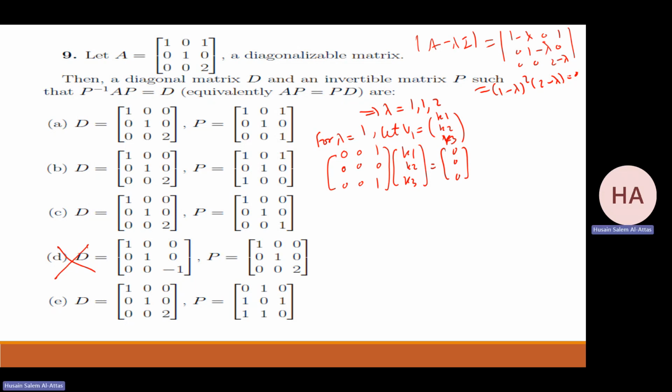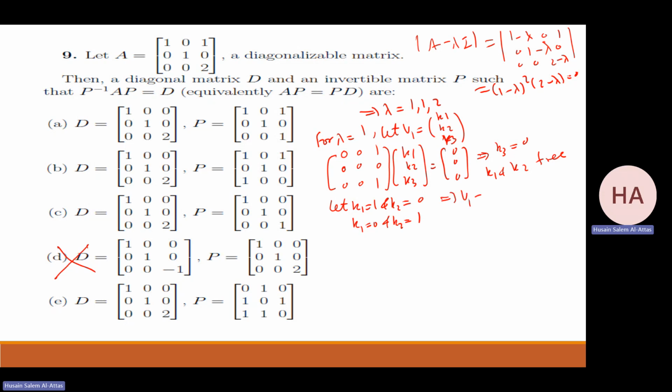Okay. So what do I have in this system? K3 equals 0. So K1 and K2 are free. So I do the usual trick. I let K1 equal 1 and K2 equal 0, and K1 equal 0 and K2 equal 1. K3 is fixed at 0.